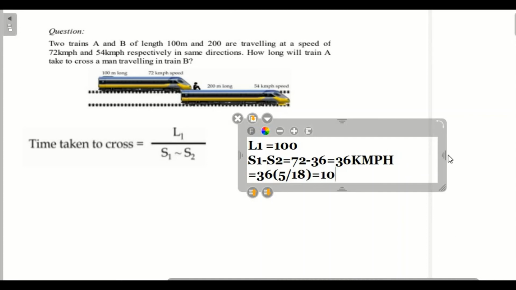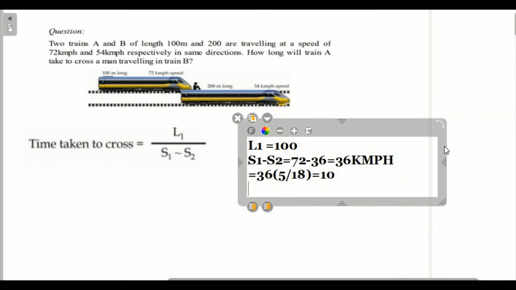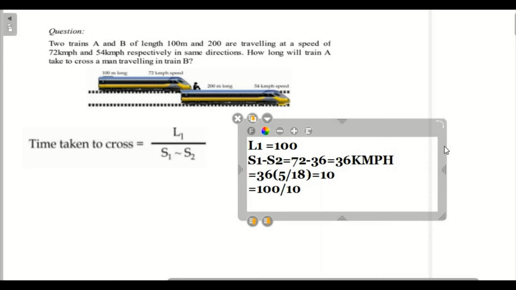Okay, here we have the formula, that is L1 is 100 divided by 10, which is equal to 10 seconds. So we have calculated it as 10 seconds.